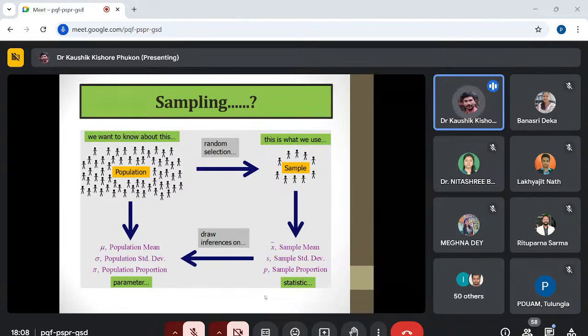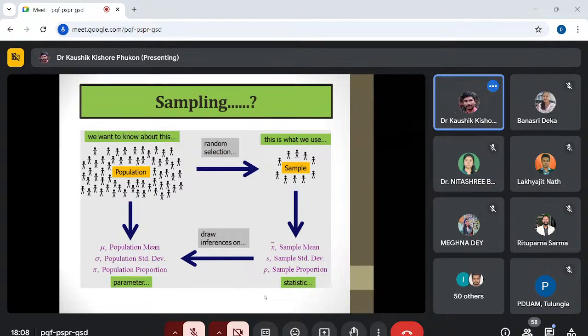After selecting the sample, we can calculate different statistics based on the sample, like sample mean, sample standard deviation, sample proportion, etc. Then we use these statistics to draw inferences on population characteristics. So, in statistics, parameter and statistic are two very important terms to remember.